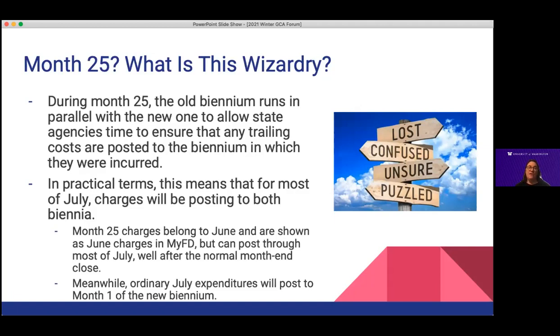And so what that means for us is that for most of July, charges will be posting to both the prior and the new biennium. The month 25 charges ultimately belong to June, and they are shown as June charges in MyFD, but they can post through most of July well after the normal month-end close, and you can see that by the transaction dates. And meanwhile, we'll have ordinary July expenditures that are already posting to month 1 of the new biennium.